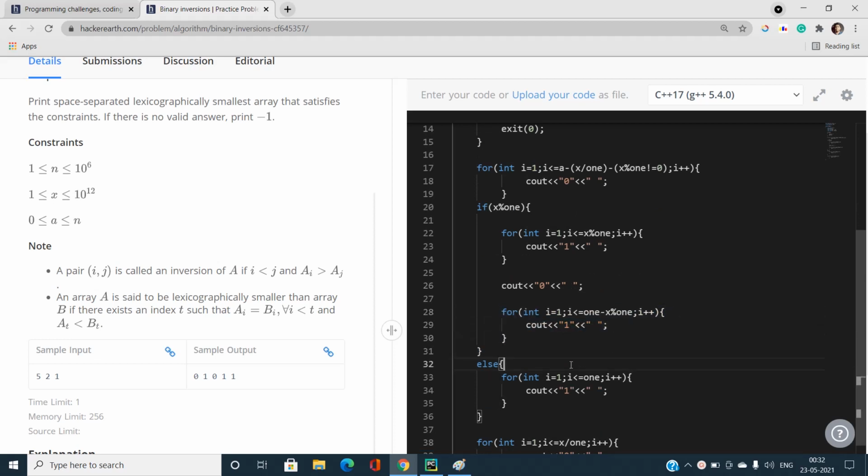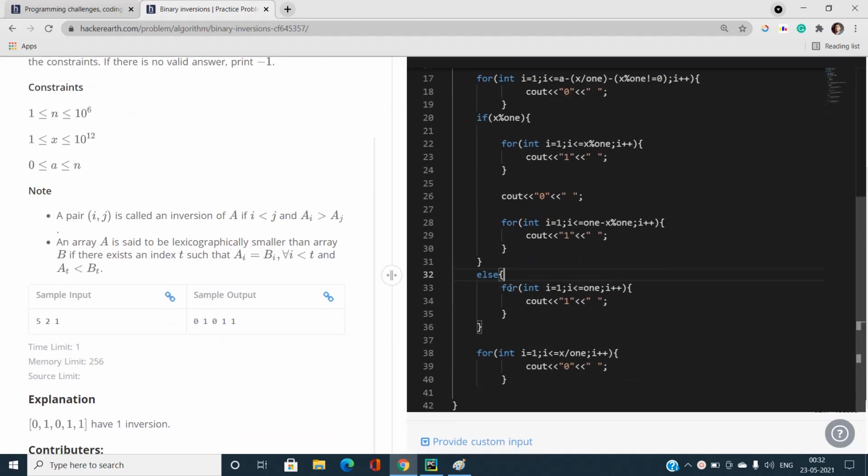This is going to happen for some 0, then some ones, then a single 0, then some ones, followed by printing with i equal to 1, i less than x by 1, x by 1 times zeros to the last, and this is common whether x is a factor of 1 or x is not a factor of 1.